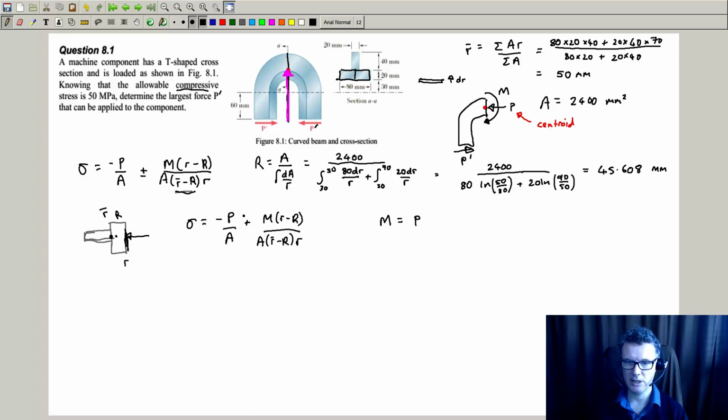So I'm taking my P here to be a positive value, although it's got a negative in front of it, to make sure this is compressive stress. This P, I want it to be positive because I was arguing that this M is going to be positive. So here the distance will be 60 plus 50. Yeah, so that's that total distance from there to there. So we have now got something which just has got P in it. So let's put our values in, and then we're almost done.